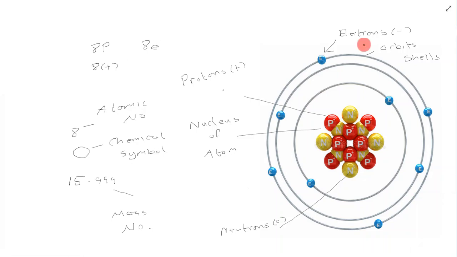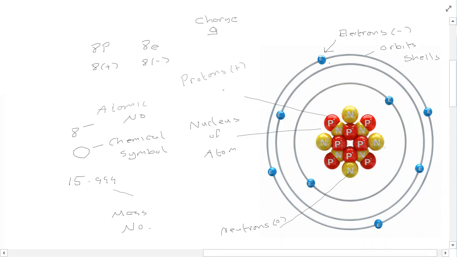And we have 8 electrons, so we have 8 negative charges. So what you'll notice is that if we have 8 positive charges and 8 negative charges, these will cancel each other out, and the overall charge on the atom is 0. So there's no overall charge on the atom.